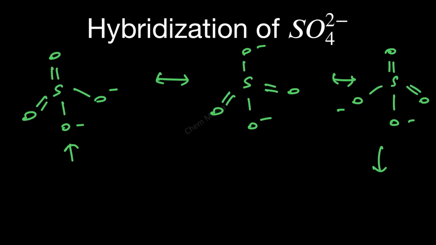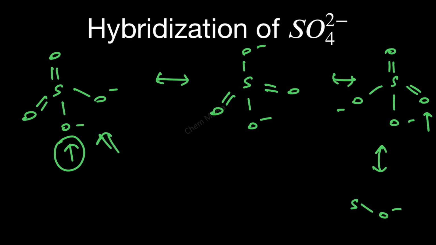We can write 3 more resonance structures. So now I have fixed this one and then moved counterclockwise. What I am going to do right now is I am going to fix this one, putting a negative charge, and then going to move clockwise.